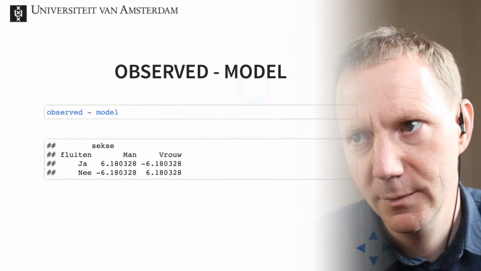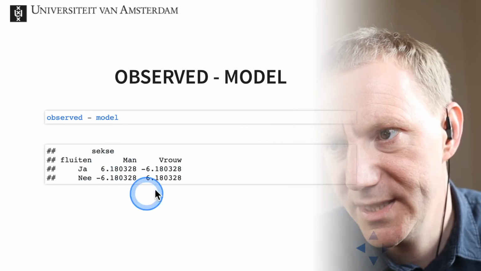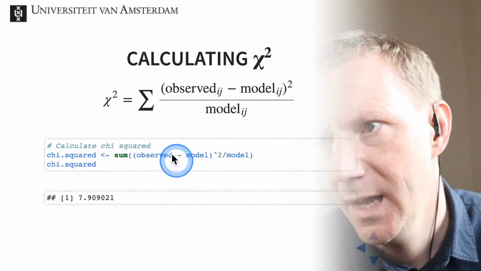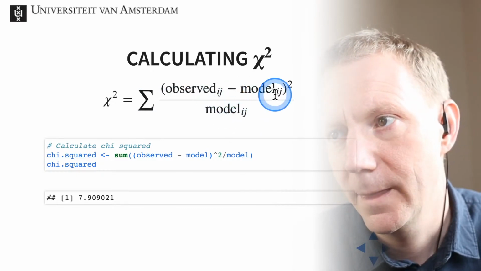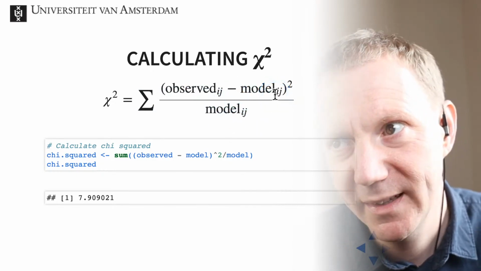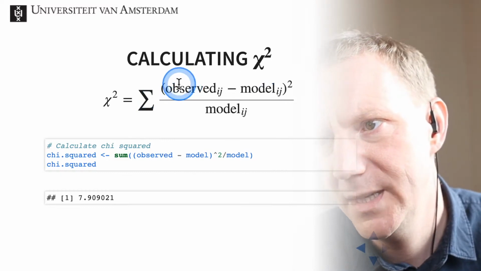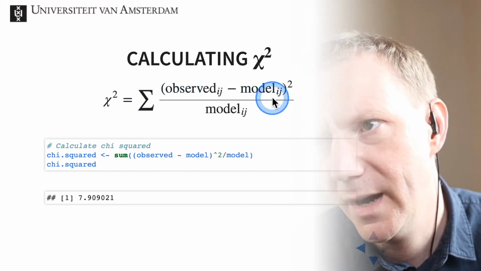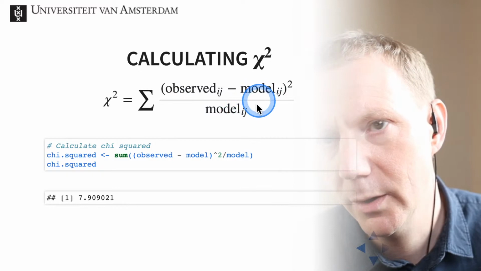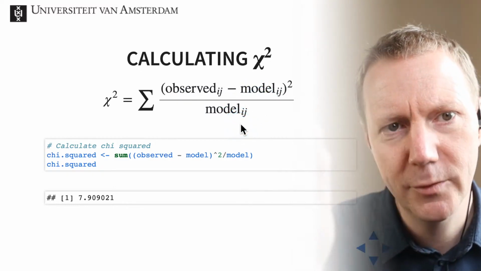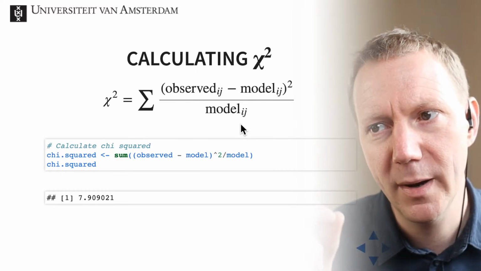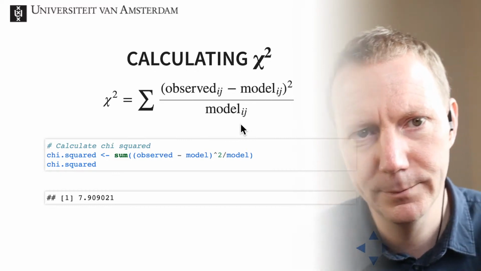So we just mean square all these distances. And we have to divide this by the total model. So everything we were expecting again. So this means that if you divide this for your entire model, it means that every cell of your matrix, you have to divide it by the value of that cell.